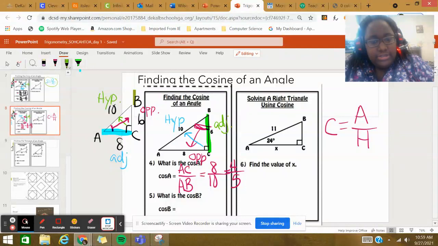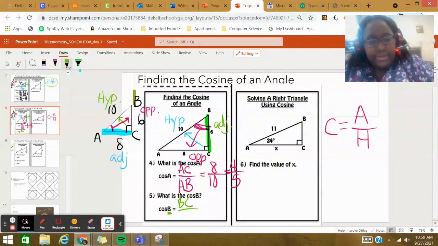All right, so from here again, I'm just labeling my sides to write my trig ratio. So cosine of B, we're looking at B. We're going to put our adjacent side, which in this case is BC, over our hypotenuse, which is AB or BA, however you want to write it.